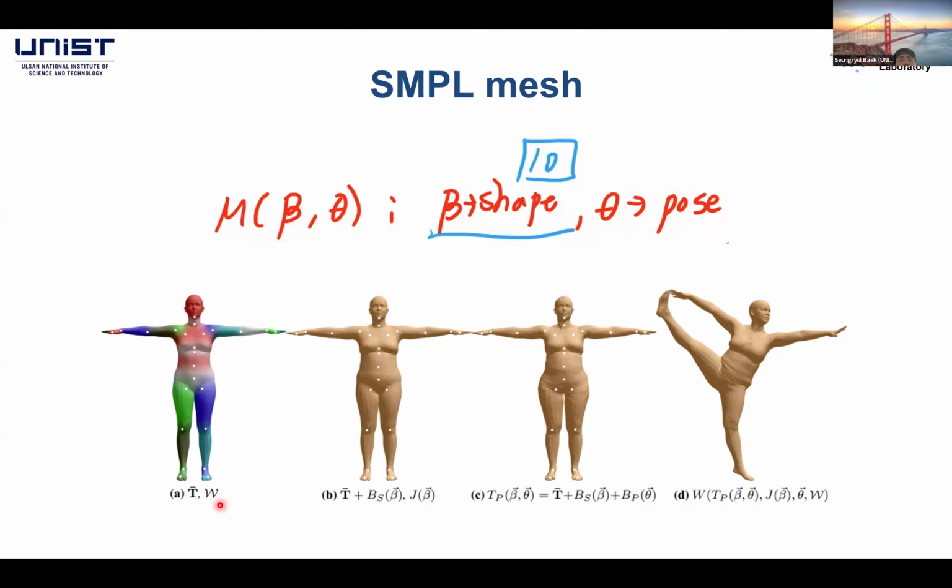In the SMPL mesh, there are over 6,800 vertices predefined in the 3D space. I don't remember the exact number, but about 6,800 vertices.